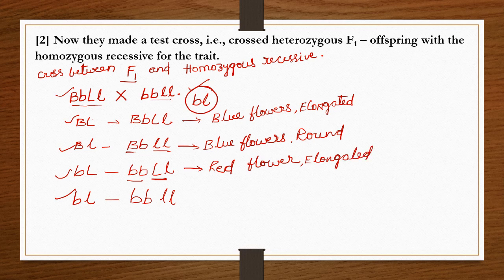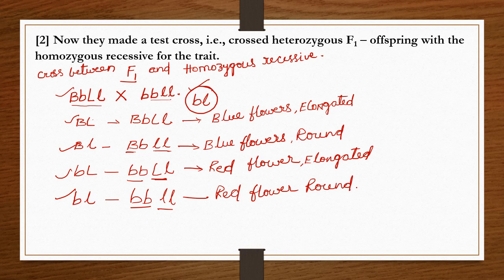Elongated pollen grains. And here both are recessive. That means red flower and round pollen grains.